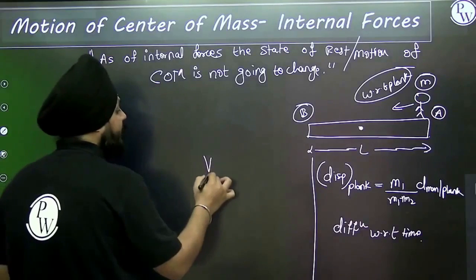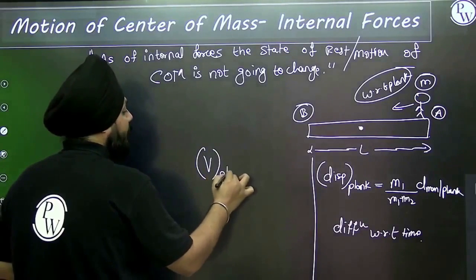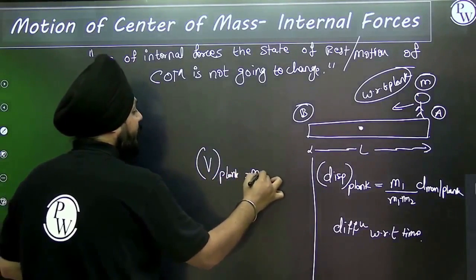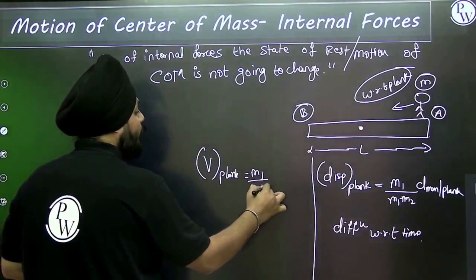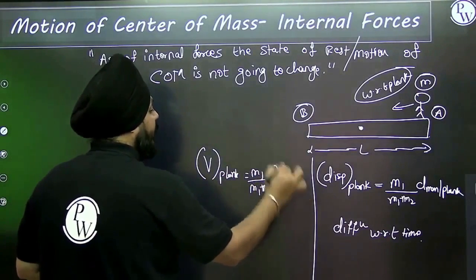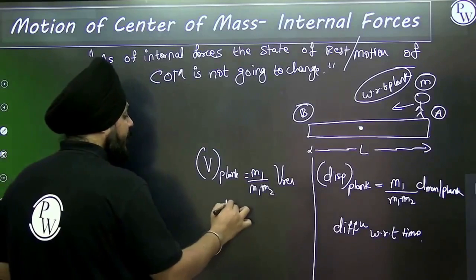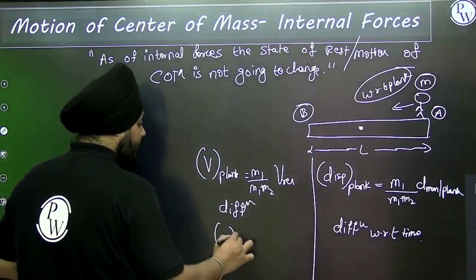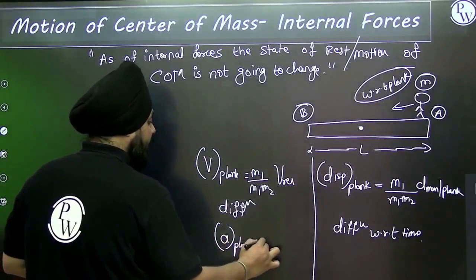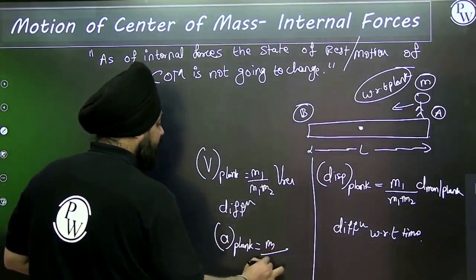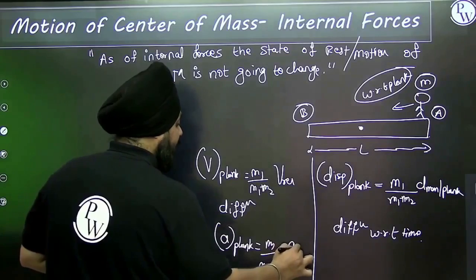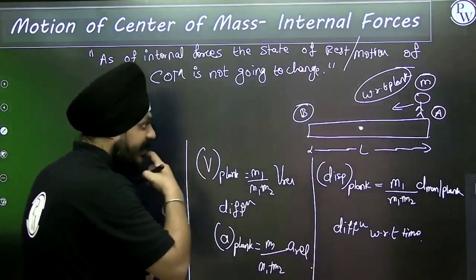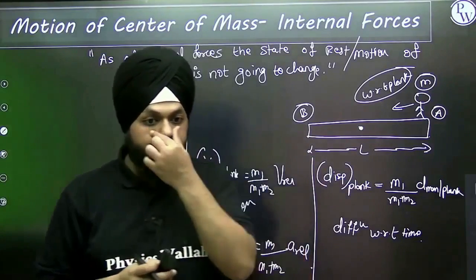We get the velocity of the plank, that is m1 whole divided by m1 plus m2, times V relative. Again differentiating, suppose the person is getting accelerated, so the acceleration of the plank is m1 whole divided by m1 plus m2, times A relative. This is all something you are aware of.